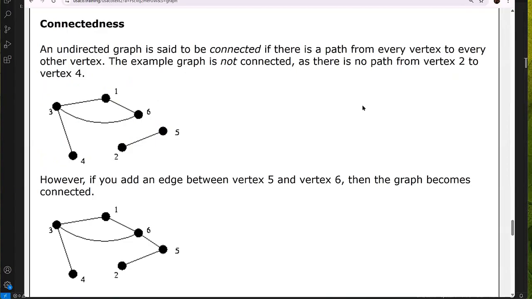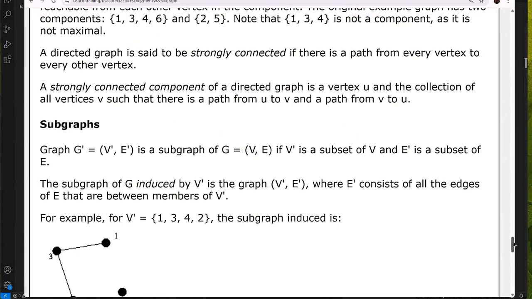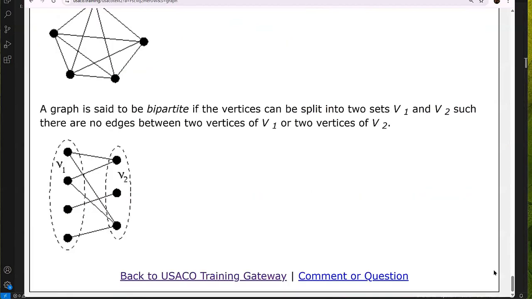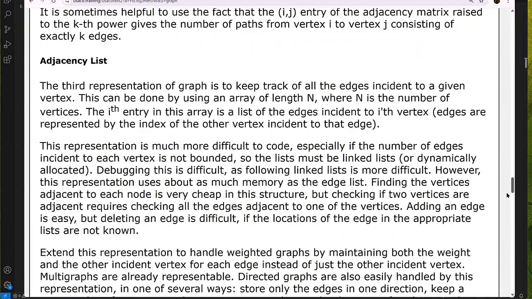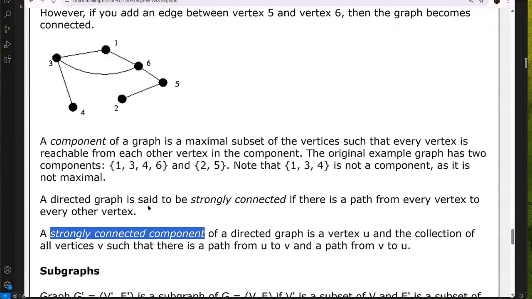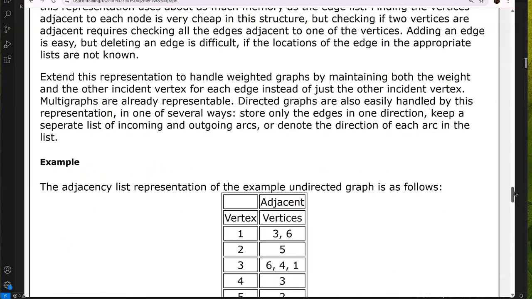So before we go into problem solving, we need to study the shortest path, minimum spanning tree and connectedness, and also strongly connected components. These are the topics that we will see. So today we focus on connectedness and strongly connected components. That's the algorithm we are going to look at.